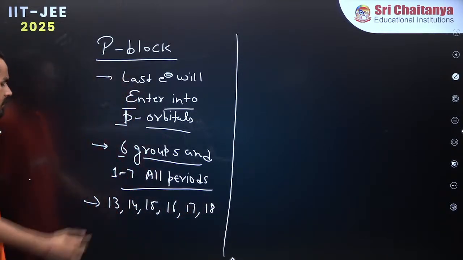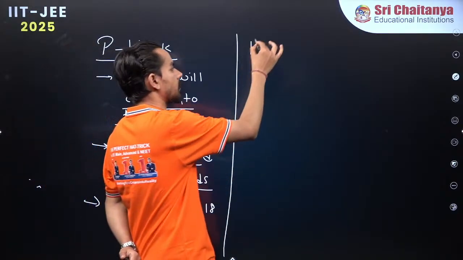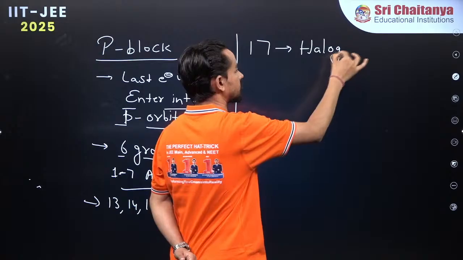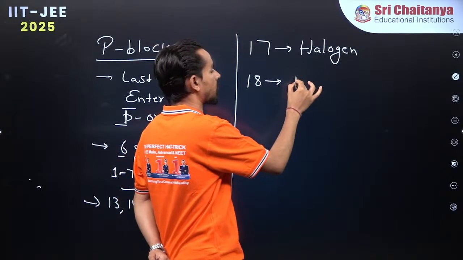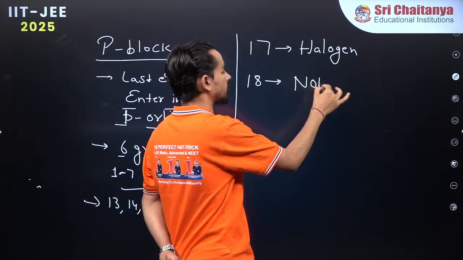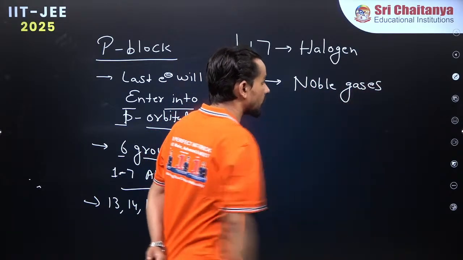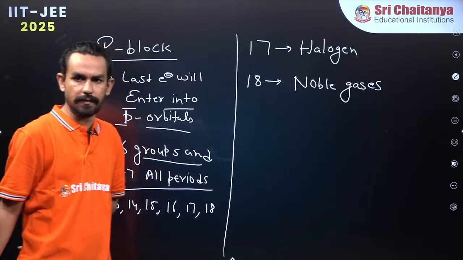Some of them also have names. Like group 17 is known as the halogen group. Similar to that, group 18 elements are known as noble gases. So halogens, noble gases, these kind of names are there for some of their specific groups.